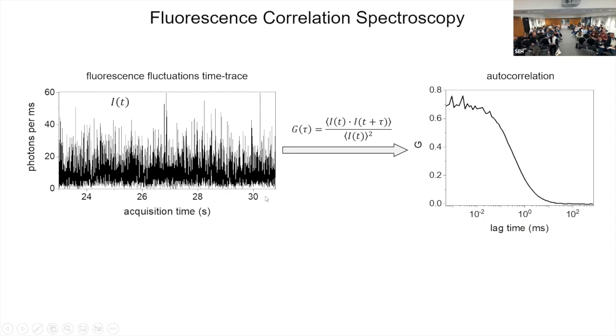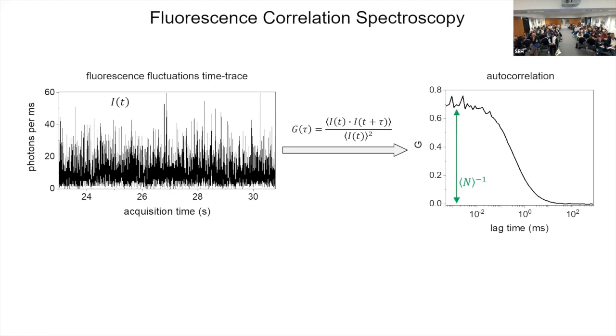These fluctuations are due to single aptamer molecules that, moving by Brownian motion, enter and exit the detection volume. If we do an autocorrelation of the signal, we get this typical autocorrelation curve, which is our output.